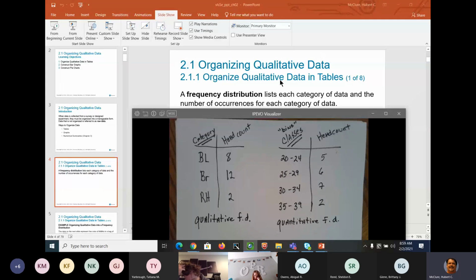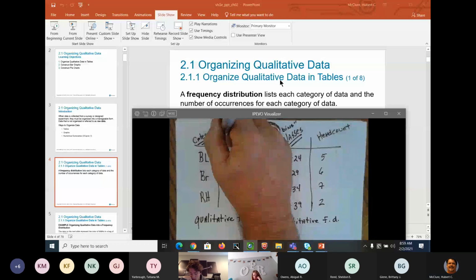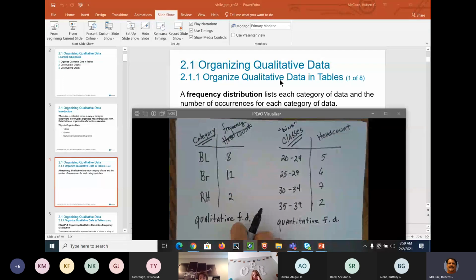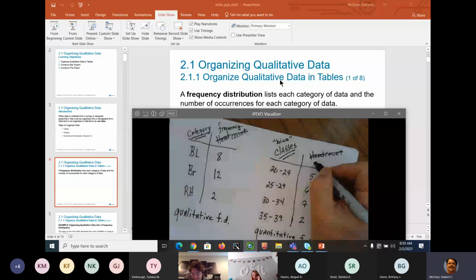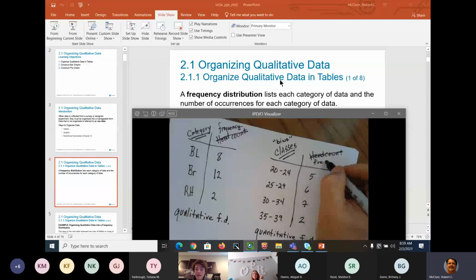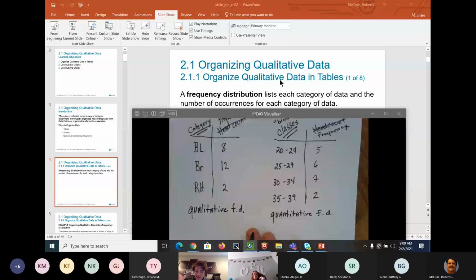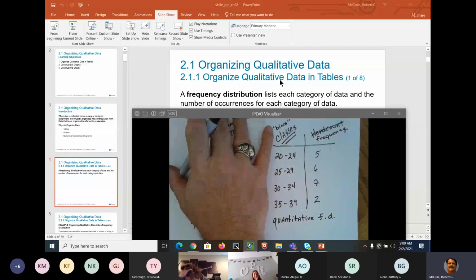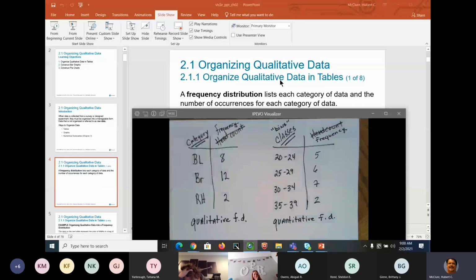And you can't say head count because that's not sophisticated enough. It's called the frequency. So you can't say head count anymore. You've got to say frequency. Everybody got that? Hold your pinky up.